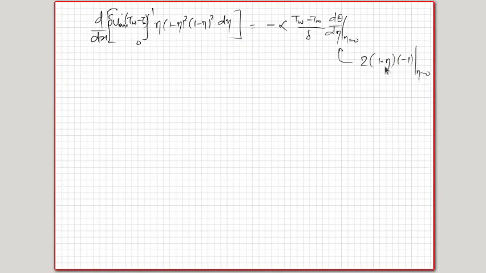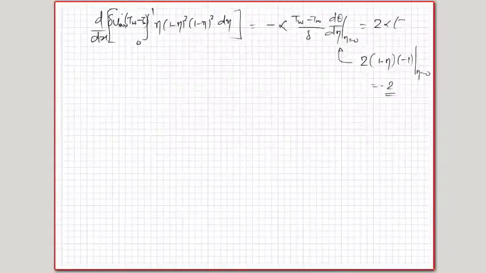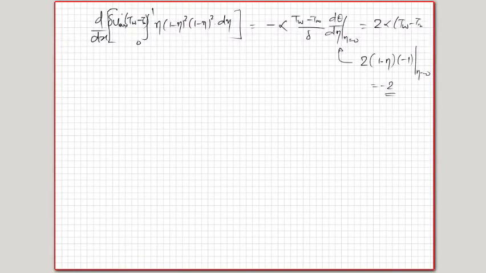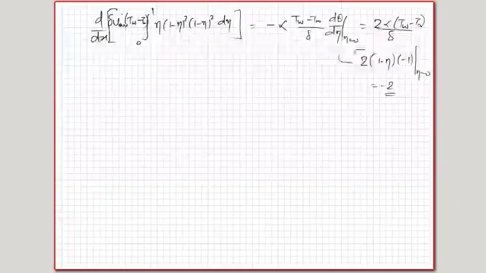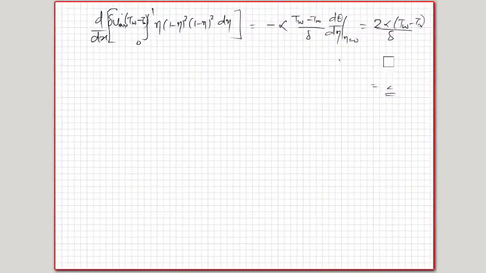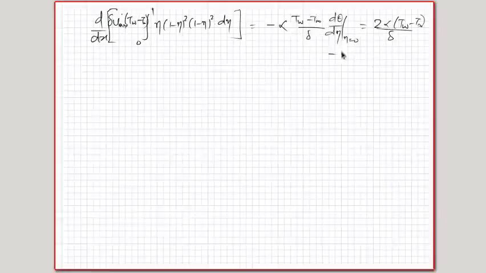So if I put eta equal to 0, then we get a minus 2. So this term can be replaced by a minus 2. So it will be minus 2 into minus alpha, which is equal to 2 alpha into (T1 minus T infinity) divided by delta. Okay, and I'll erase this portion like I did last time, so as to keep it more clean. So you get a minus 2 for this.